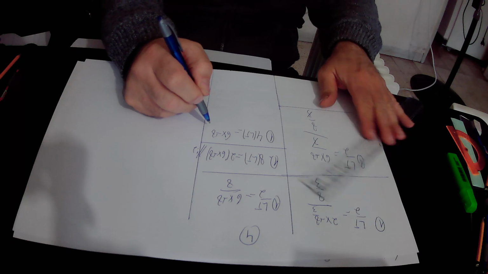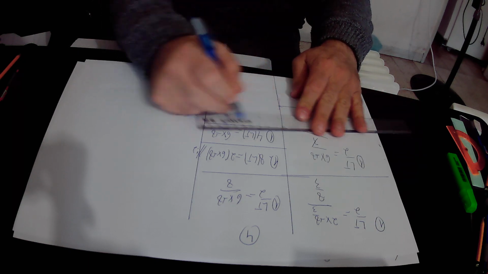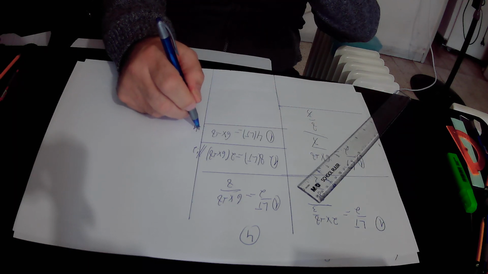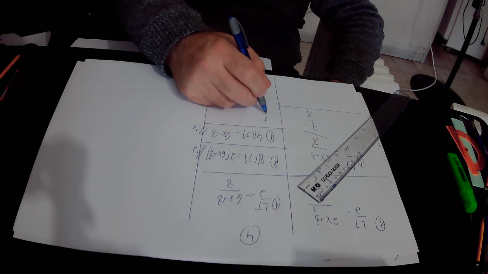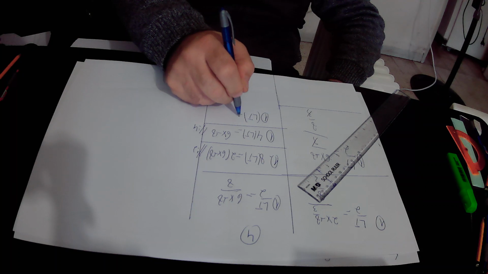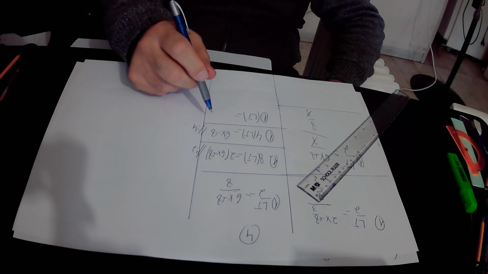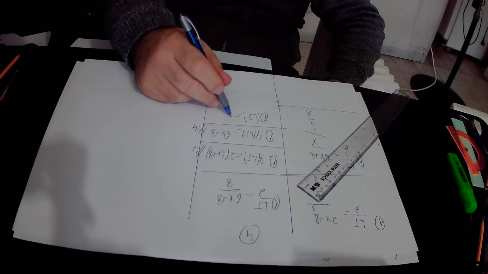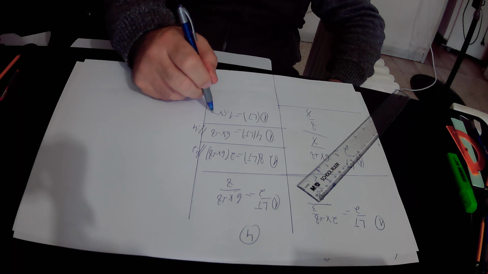Here we will divide equation 1 by 4, and we get finally that LT, the length of line segment LT, is 6x over 4 is 1.5x plus 8 over 4 is 2.